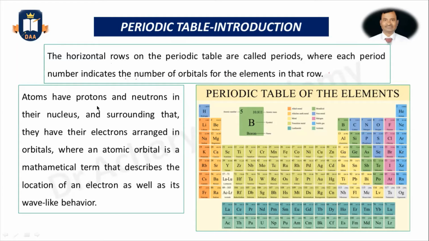Atoms have protons and neutrons in their nucleus, and surrounding that they have their electrons arranged in orbitals, where an atomic orbital is a mathematical term that describes the location of an electron as well as its wave-like behavior.